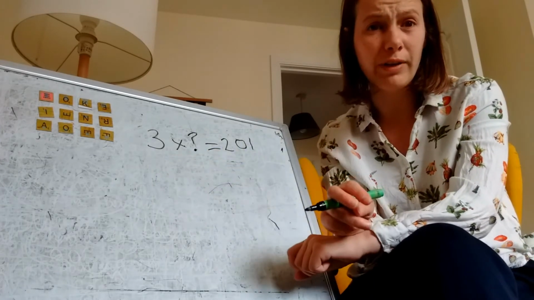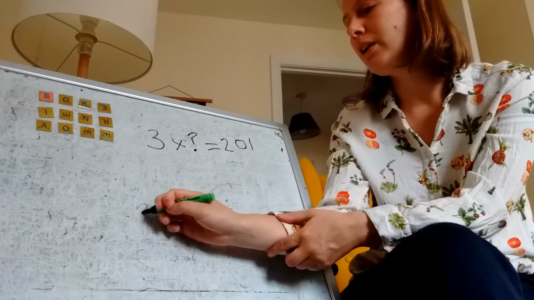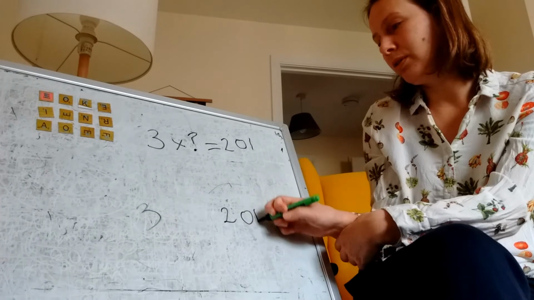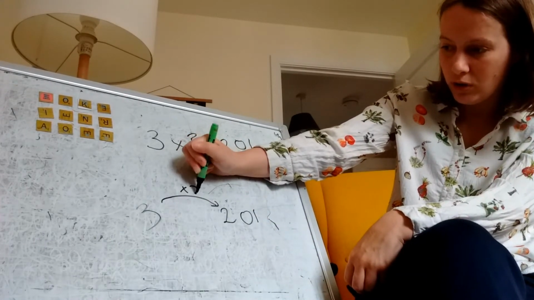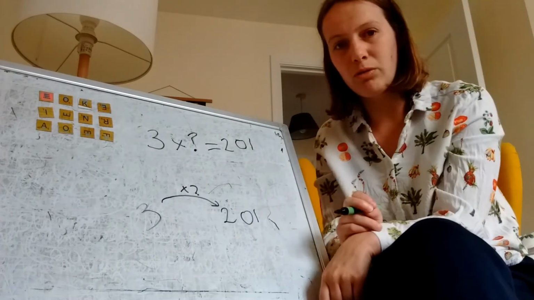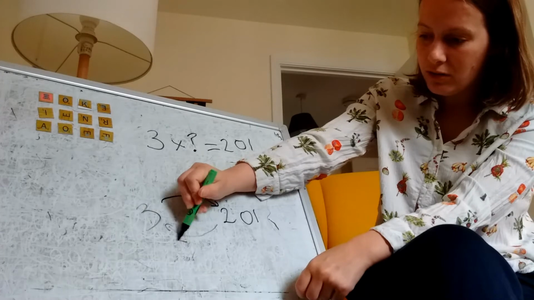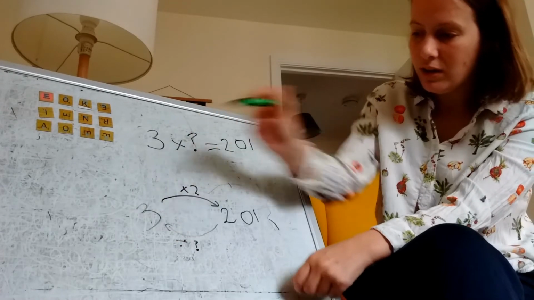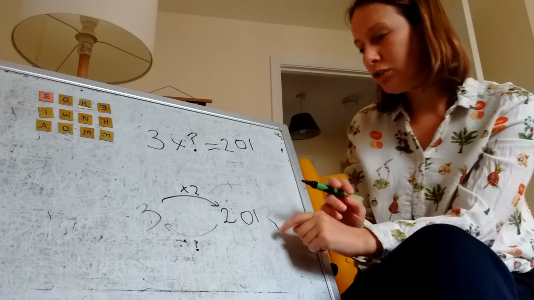I couldn't solve this or put it into a calculator, 3 times what equals 201, but I know if I've got 3 and 201, it's going to be 3 times what is 201. So 201 divided by what is going to be 3. And I do have enough numbers to do this sum.